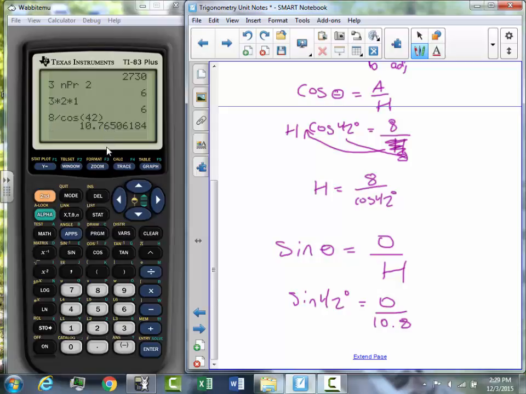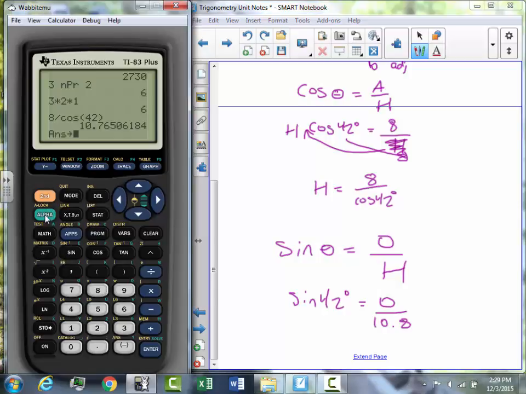In case you lose that number or you don't write it down, have I shown you guys store, alpha A, just so you can have that number saved for later? Because although I do want you to round at some point, if you keep rounding over and over and over again, it leads to inaccuracy. It will cause you to become further and further from the true answer. So press store right above on and just pick a letter.